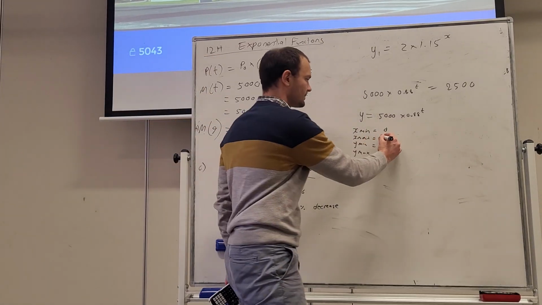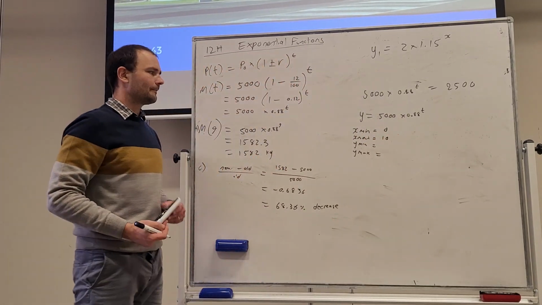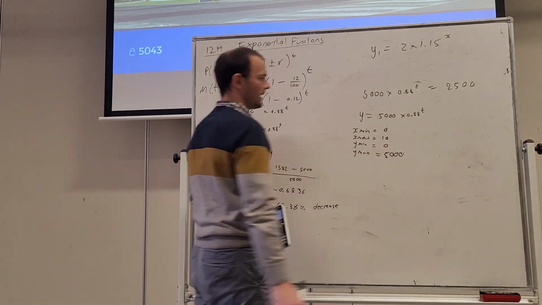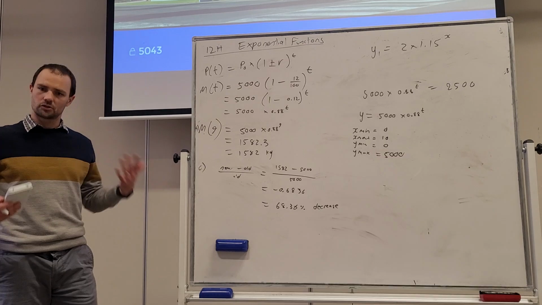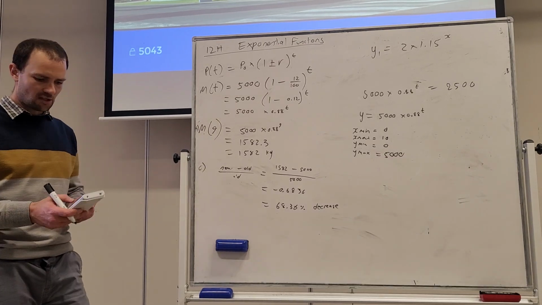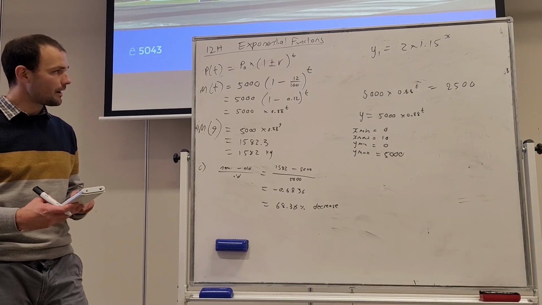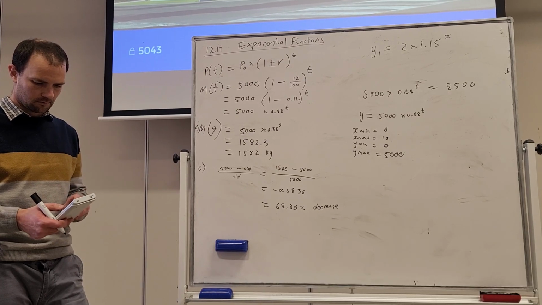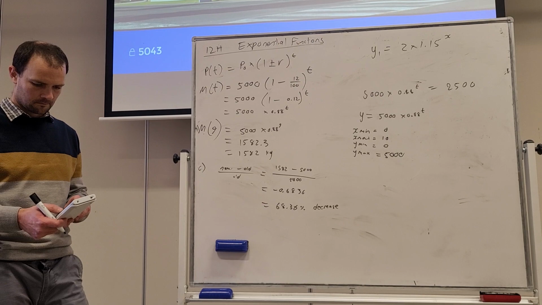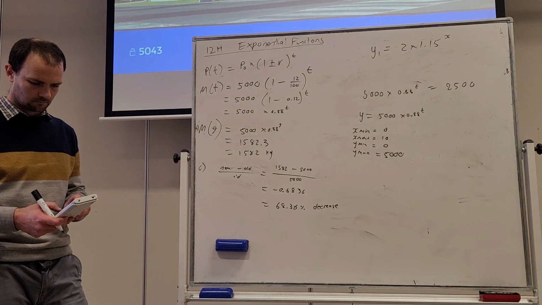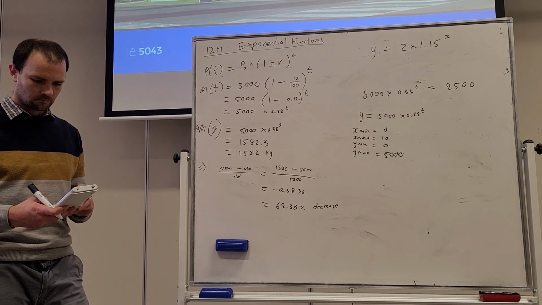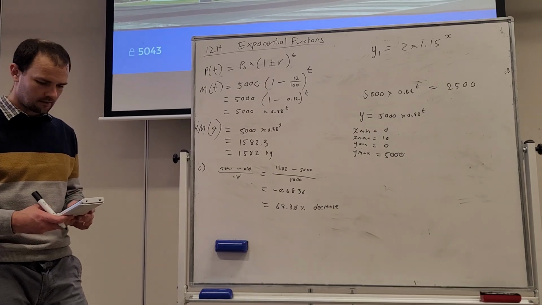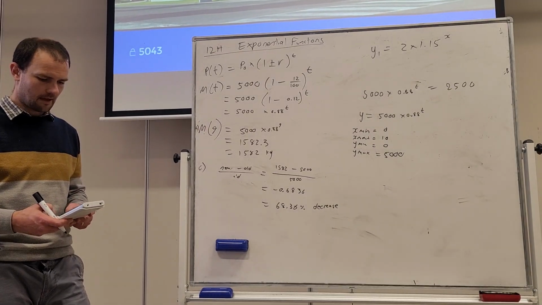So I can put my x max as 10. The lowest the mass could possibly be is 0, and the highest it is 5,000. So with those constraints, we're ready to sketch it. So 5,000 times 0.88 to the power of x. Oops, I did divide. Set our V window 0 to 10 and 0 to 5,000.